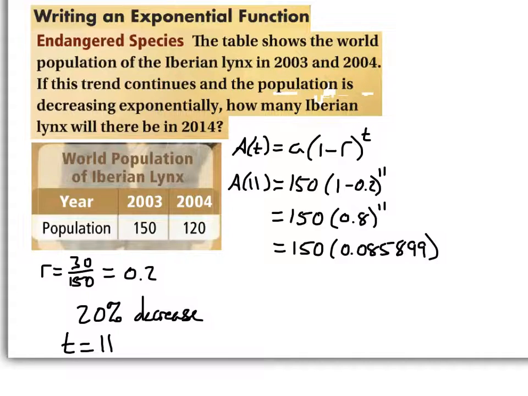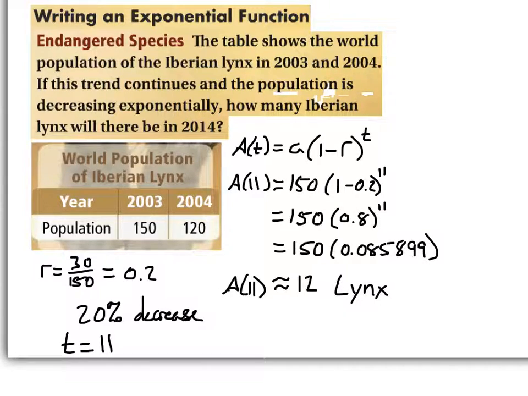So now we take 150 times that value. What are we getting? 12.88. But can I have 0.88 of a lynx? Well, touche. But we're going to round that down to 12 adult lynx, or at least 12 currently born lynx. Okay? So approximately 12 lynx in 11 years.